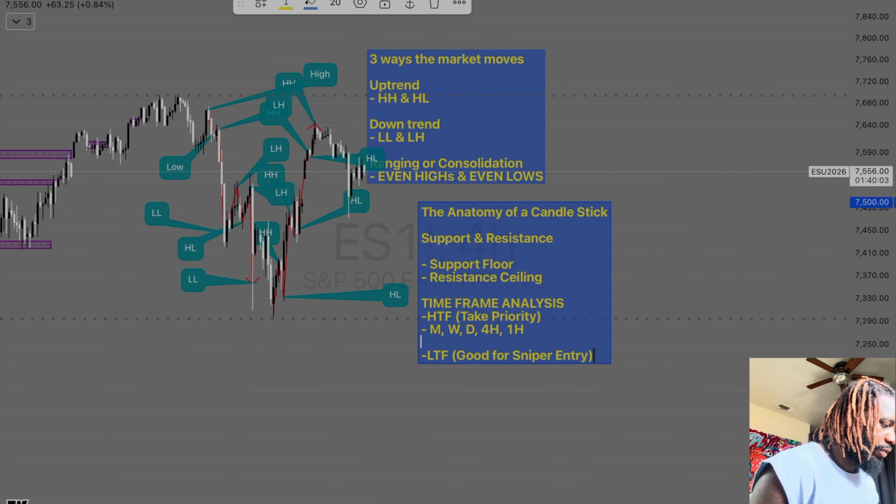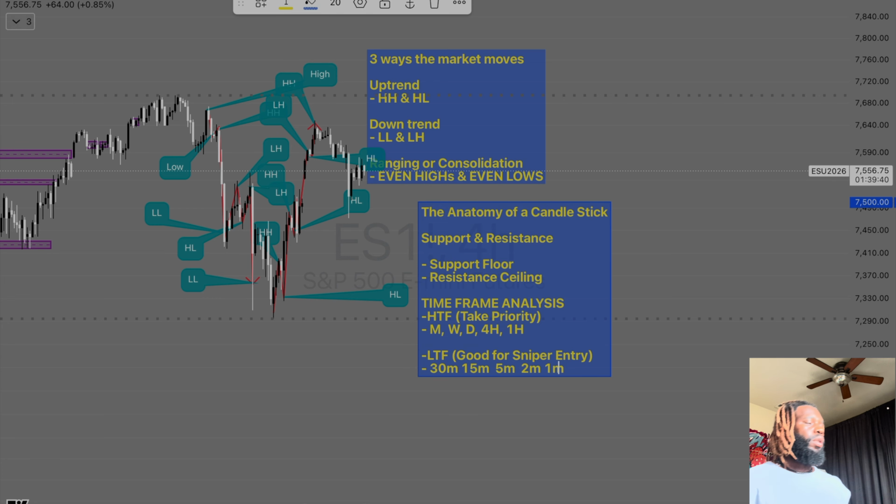Now, your lower time frames would be like 30-minute, 15-minute, 5-minute, 2-minute, 1-minute. Yeah, those would be lower time frames.